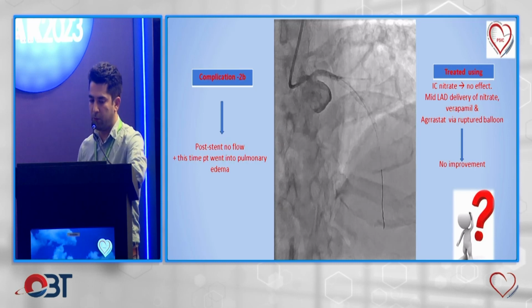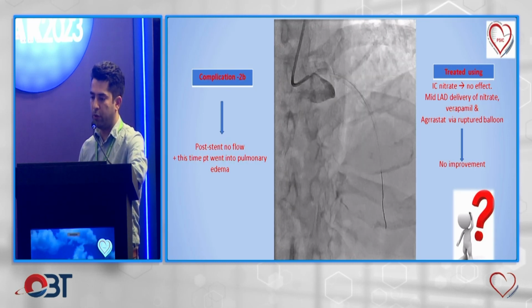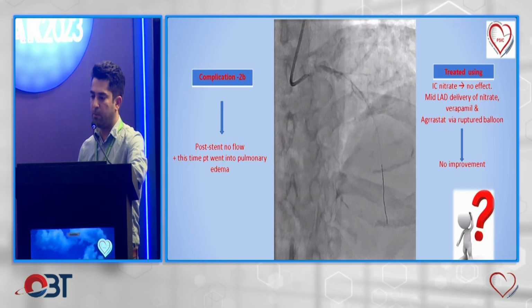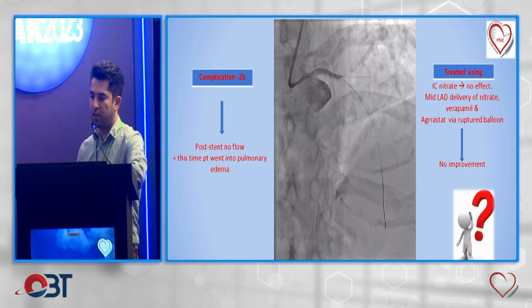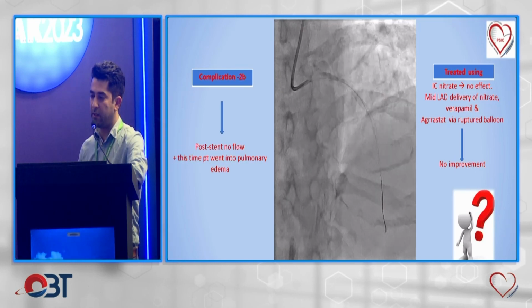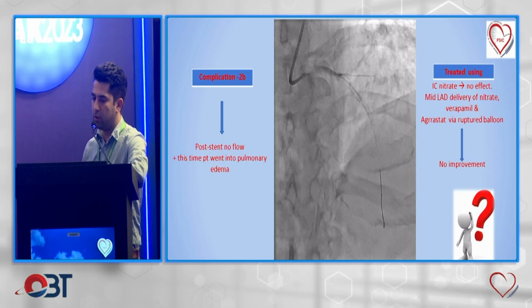The next complication was no flow, and this time the patient went into pulmonary edema. We treated the patient with intracoronary nitrates with no effect, then mid-LAD delivery of nitrate, verapamil, and tirofiban was given through the ruptured balloon with no improvement.